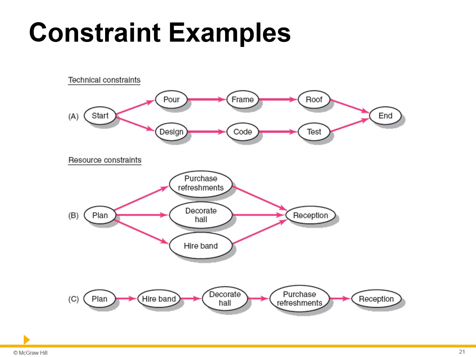The network assumes the personnel and equipment are available to perform the required work. This is often not the case. For example, assume you are planning a wedding reception that includes 4 activities: plan, hire band, decorate hall, and purchase refreshments. Each activity takes 1 day. Activities 2, 3, and 4 could be done in parallel by different people.